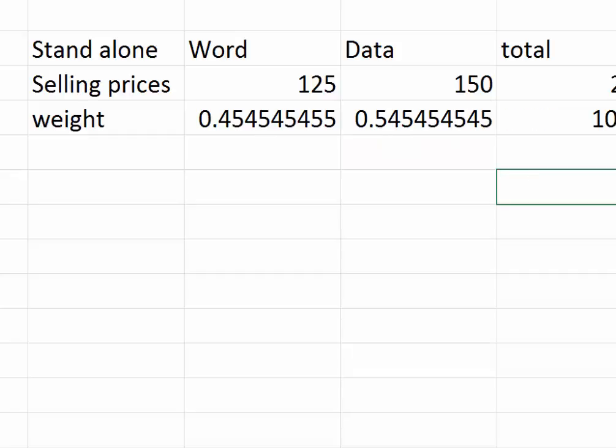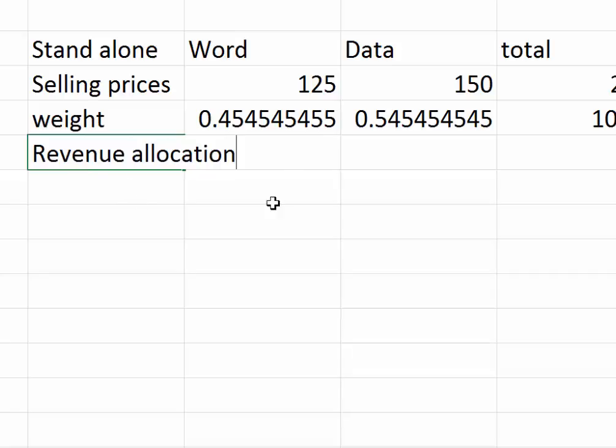That's pretty clear. So now we're going to allocate the revenue. You may wonder how to apply this standalone method. Basically, first of all, you look at the bundle revenue.